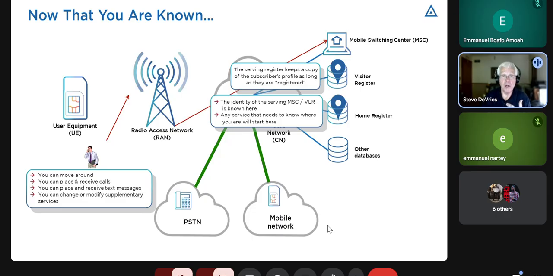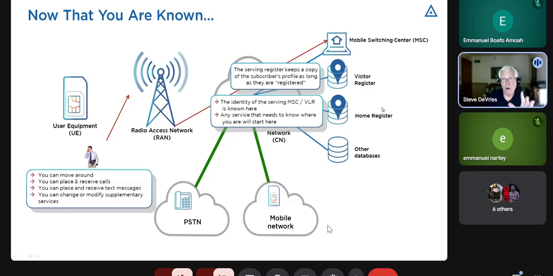If I pick up the phone and call him, it's got to go to that register and go find him. If I send him a short message, that short message in my system, in my network, in Verizon in Chicago, needs to consult the home register of the recipient network. So any service that needs to find you is going to go to that home register.